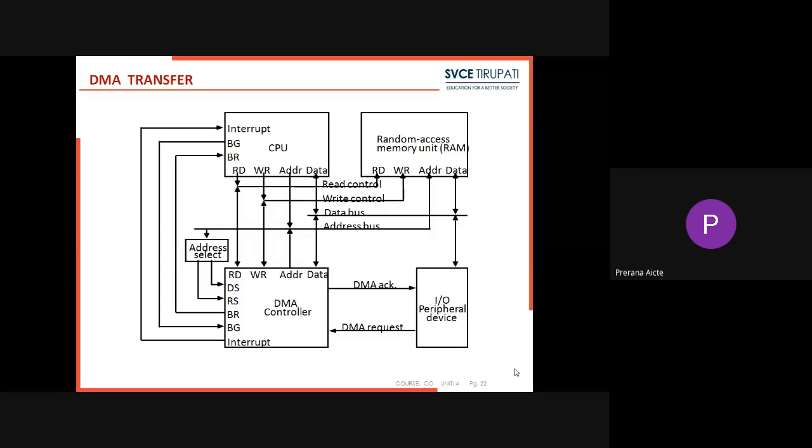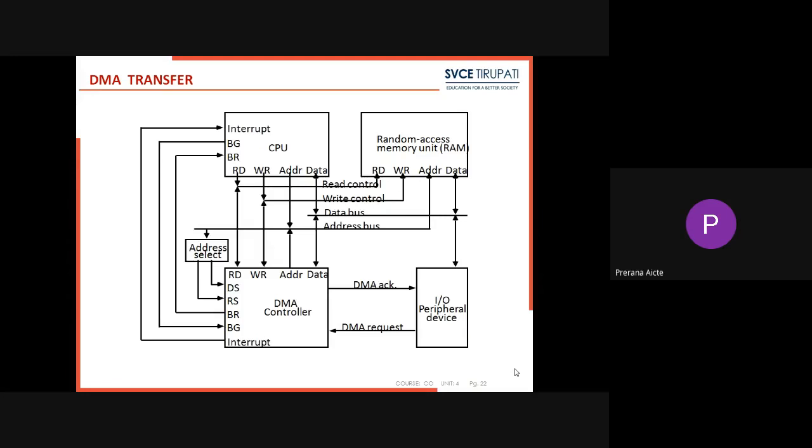In DMA transfer, first the processor initializes the starting address of the memory block and word count, and specifies the mode of the transfer and control to start the DMA. When the peripheral device sends a DMA request, the DMA controller activates the bus request line, that is the BR line, informing the processor to release the buses.